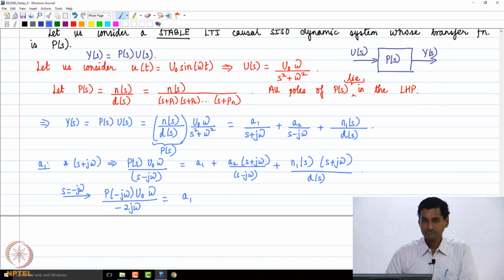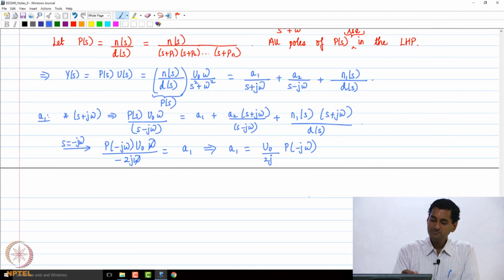So, this implies that the residue A1 is equal to u naught divided by 2j, since omega and omega cancel off, times P of minus j omega.